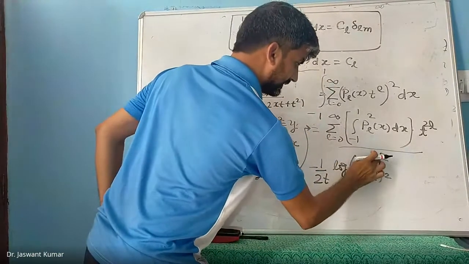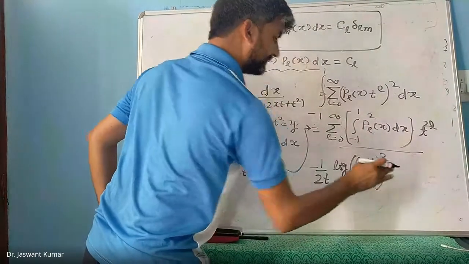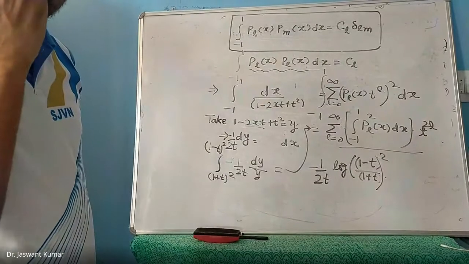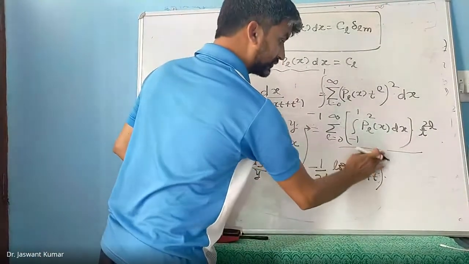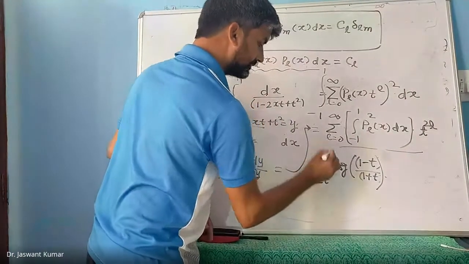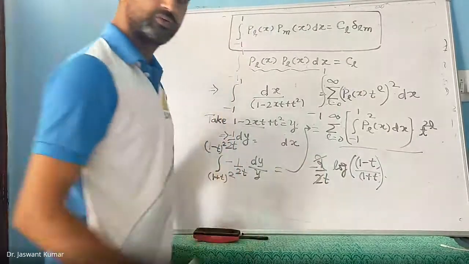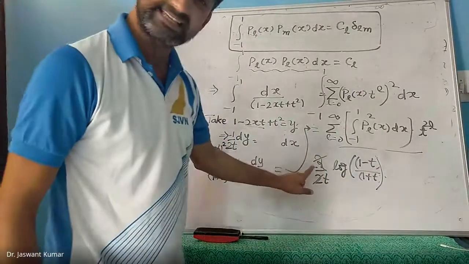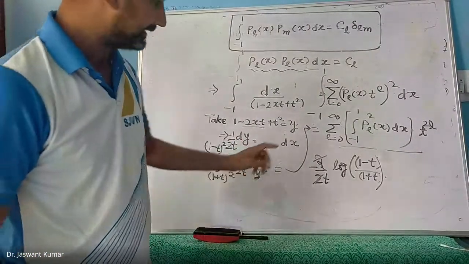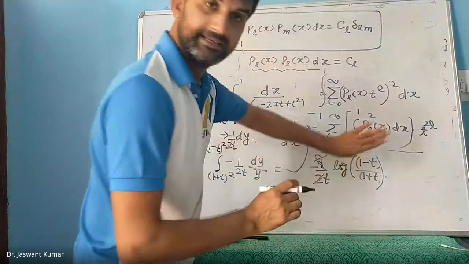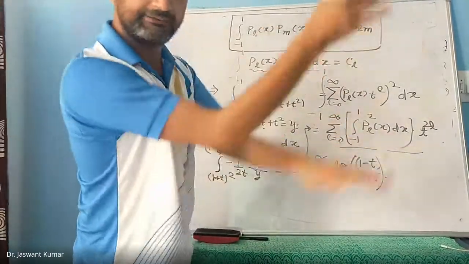So this can be written as logarithm of the whole square of 1 plus t by 1 minus t. Then the power comes in front of the logarithm, so this 2 will come in front, and it will anyway cancel the 2 in the denominator. There was a minus sign because of the minus 1 by 2t factor. This minus sign will reverse the fraction inside the logarithm.